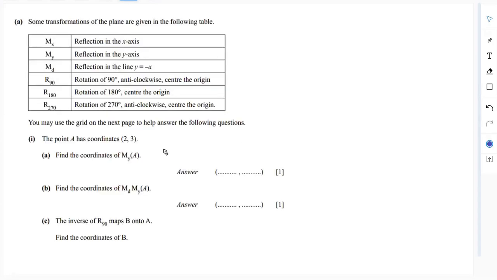Okay, so let's do this last question before we end today. I have the C part here.